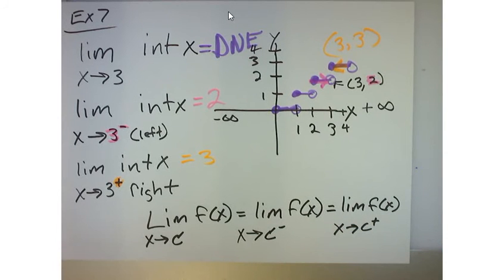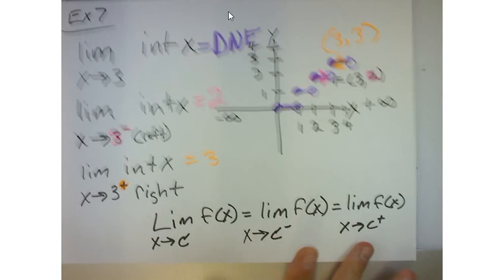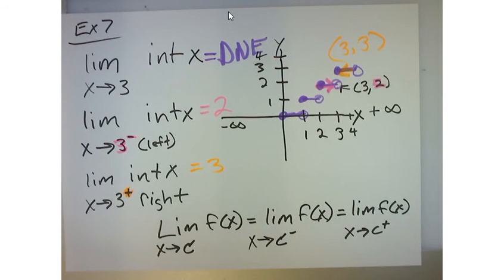Okay? So the right and the left have to be equal? Yeah. They have to equal for the limit to exist. Now if these two don't equal, then the limit can't exist. Does that make sense?